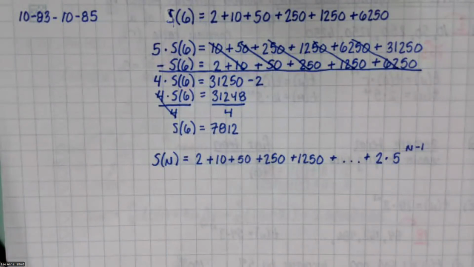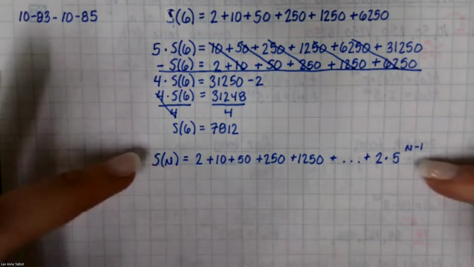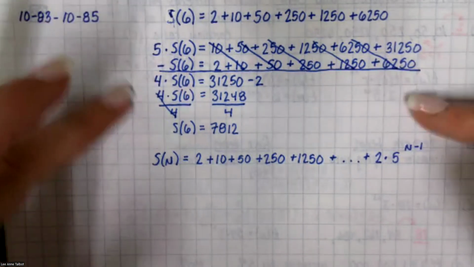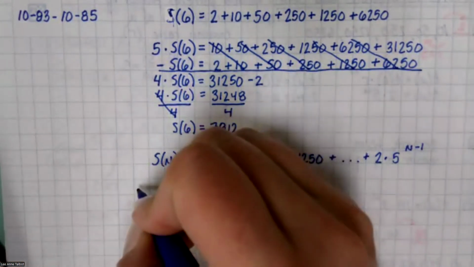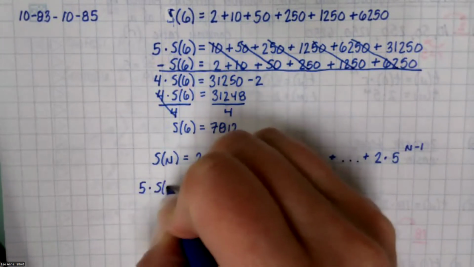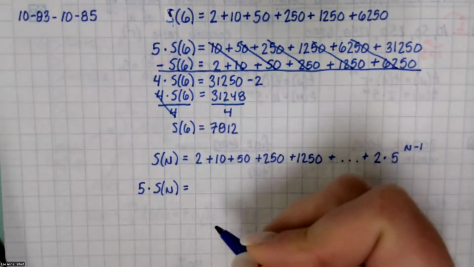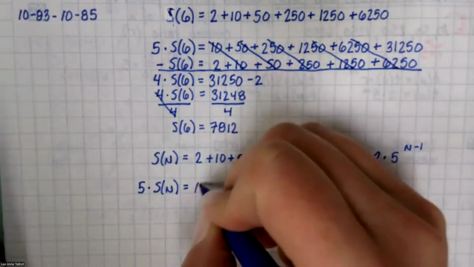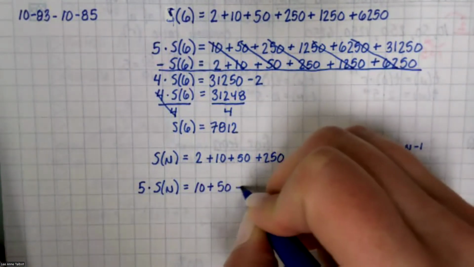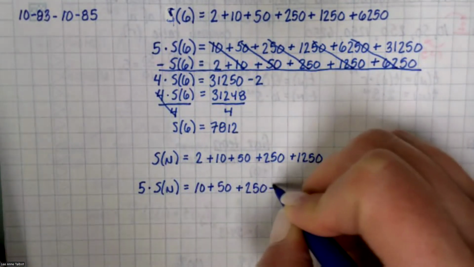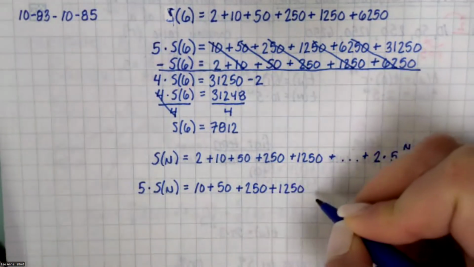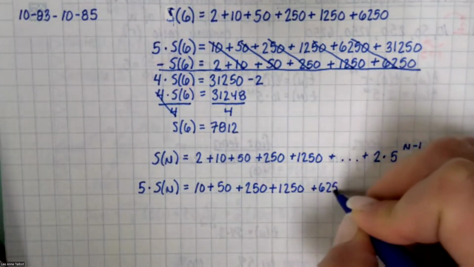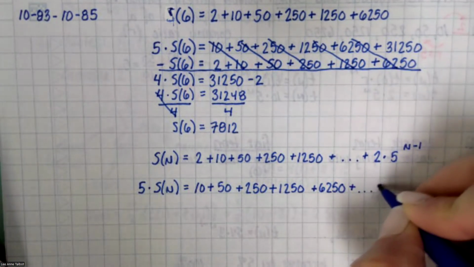Okay, what I'm trying to do is take my techniques from earlier and now use the general equation to figure out an actual formula that works for all of that. So I'm going to take this thing and repeat this process here. I'm going to multiply it by 5 first.